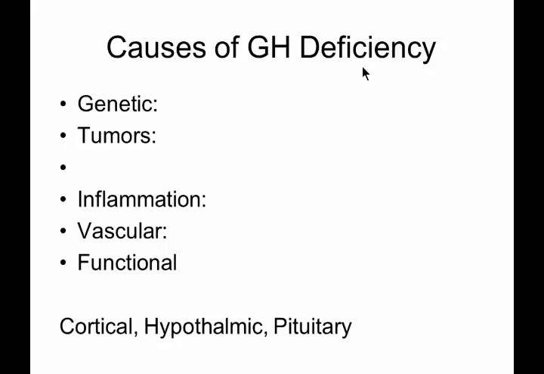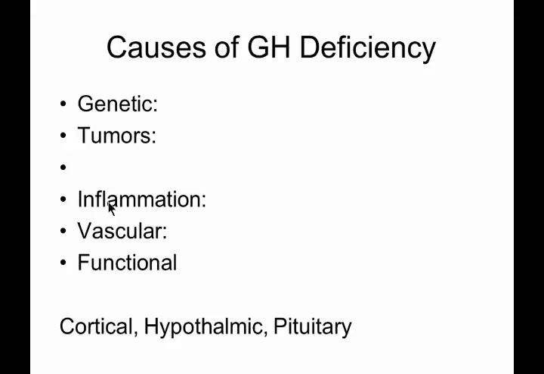So what are the causes then of growth hormone deficiency? They're genetic, and we'll show you examples of that a little bit later, but not to remember anything, except that you can have genetic abnormalities that affect just growth hormone itself or the entire pituitary, and obviously you would be growth hormone deficient. Tumors that destroy the pituitary can result in growth hormone deficiency. You're going to have inflammatory diseases, which we'll talk about.